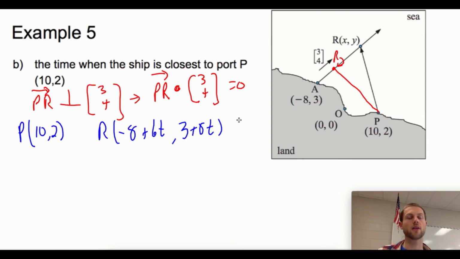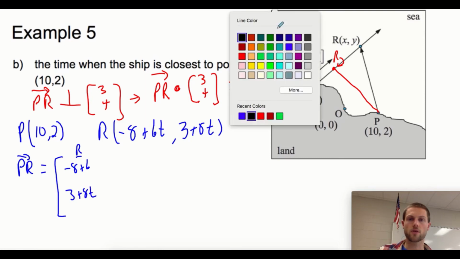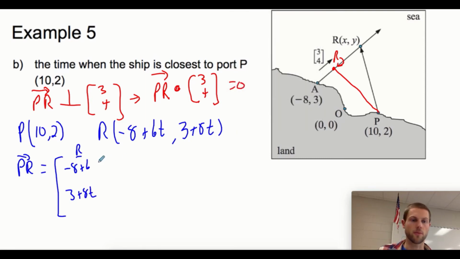So if I want to find the vector PR, I need to begin at P and go to R. So that means vector PR is going to equal negative 8 plus 6t. This is my vector R, or my position R, excuse me, and 3 plus 8t. And what I have to do is subtract the point P to find my vector PR.